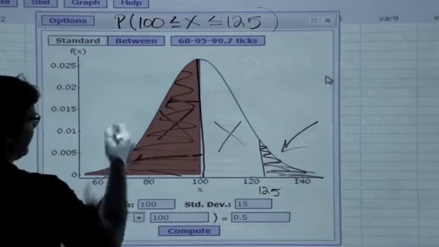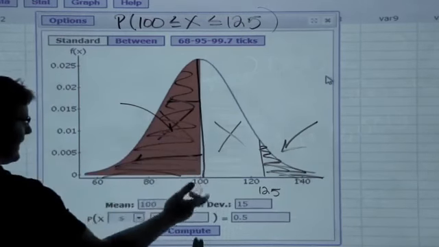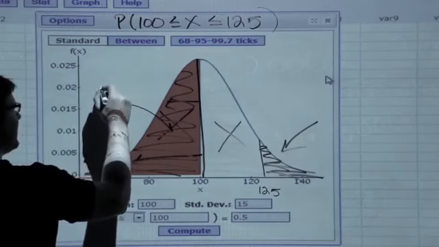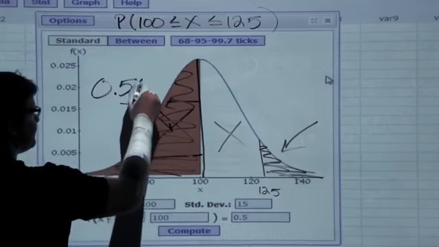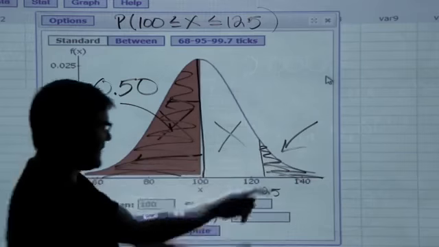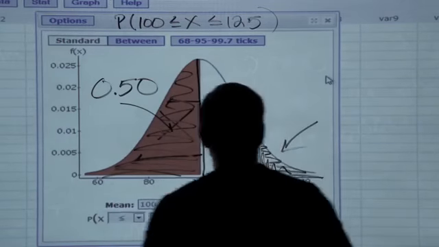So we can find the area to the left of 100, it's shaded in red, and that's half, it's the bottom half of the data. So this is 50% or 0.5, that piece right there, okay? Now I can find the piece up in the upper tail, so it's going to come in here somewhere, right?